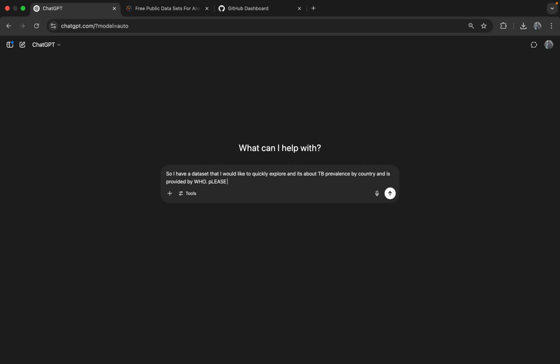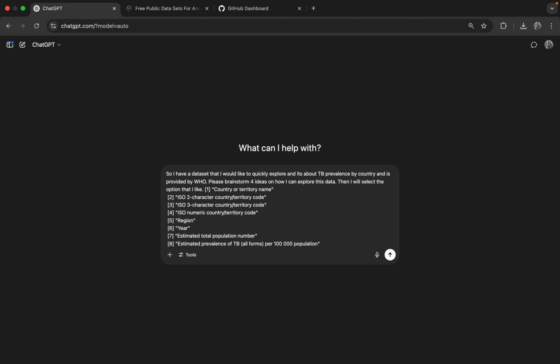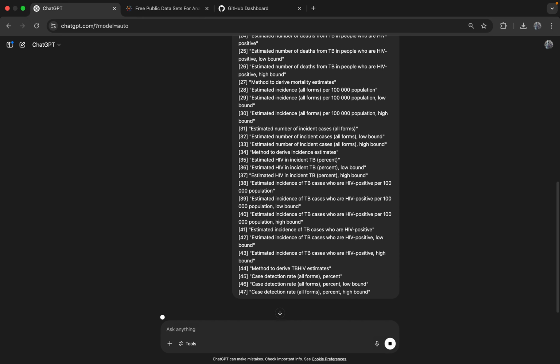Please brainstorm 4 ideas on how I can explore this data. Then I will select the option that I like. Then we copy paste the names of the columns that we have, and run this.